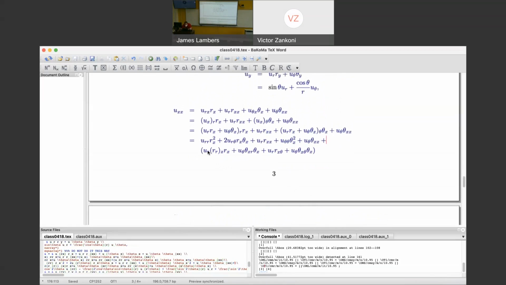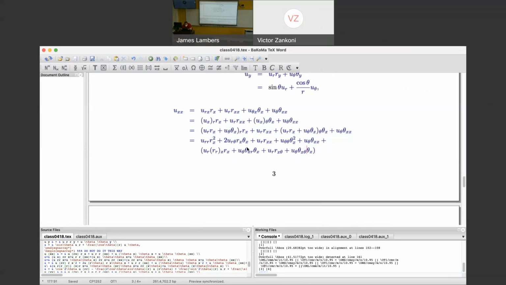Now, all of these terms on the second line are actually 0. Reason why is I have r_x with respect to r is the same as derivative of r with respect to r, which is 1. Take a derivative with respect to x, which is 0. So that's why this goes away. And it's also why this goes away. I can write this as derivative of theta with respect to theta, which is 1, take the derivative of that with respect to x, which is 0.